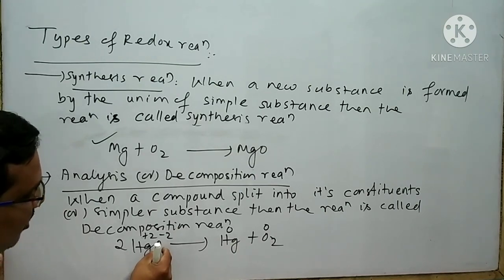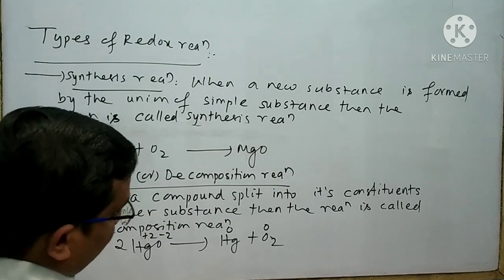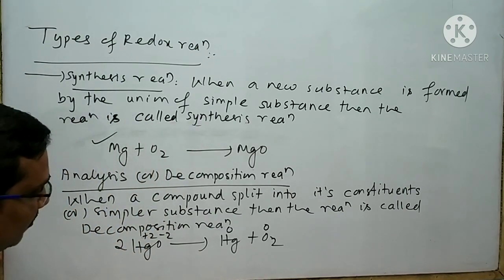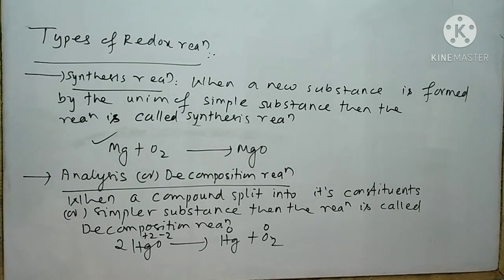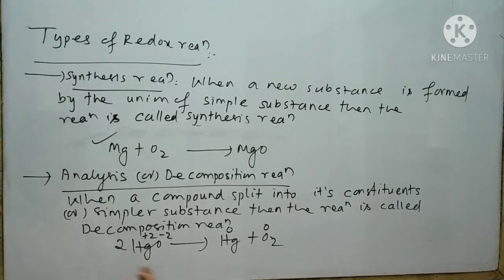On the other hand, here O-2 undergoes oxidation to form oxygen. So this is an example of a redox reaction. In this reaction also a compound, HgO, undergoes dissociation and gives two simpler substances, one is mercury, another is oxygen. So this reaction also belongs to decomposition reaction.